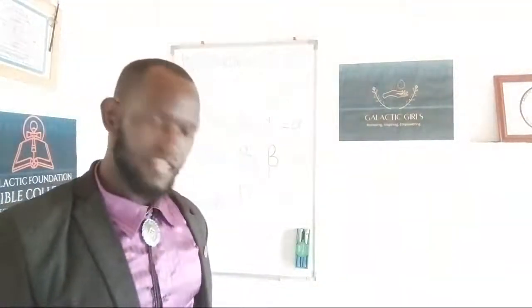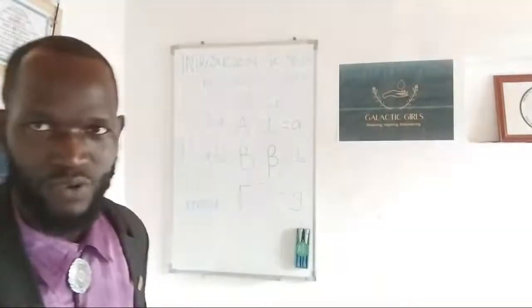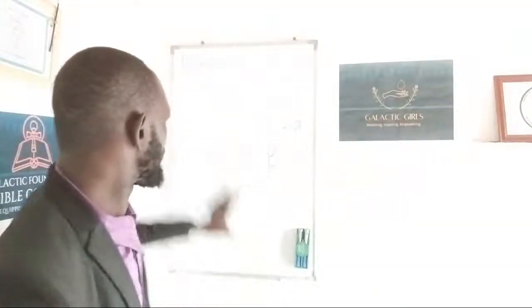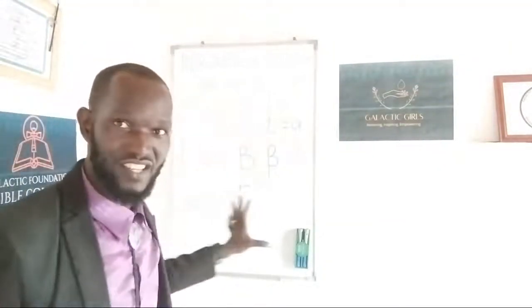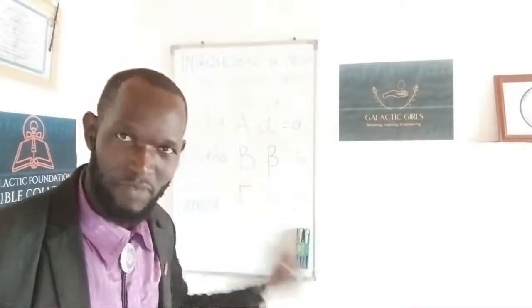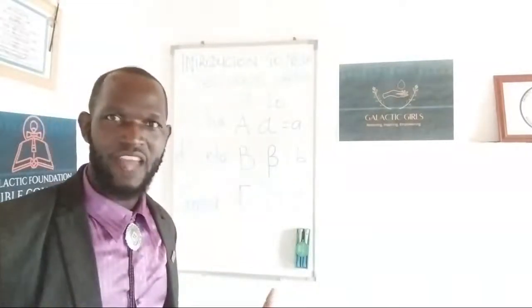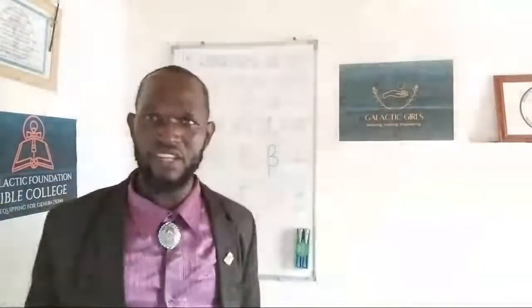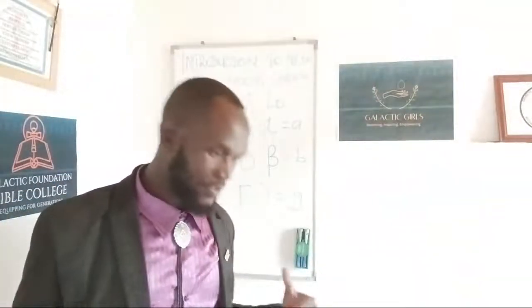So just want to stop there and give you opportunity to practice this. Please just practice these 3 letters, alpha, beta, gamma. And we will then continue in the next lesson from the fourth letter.